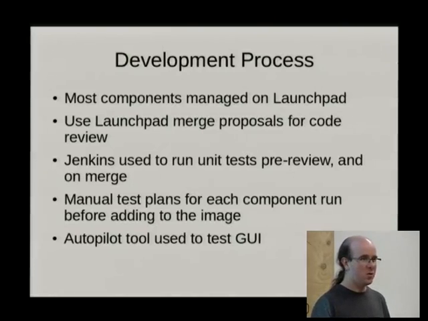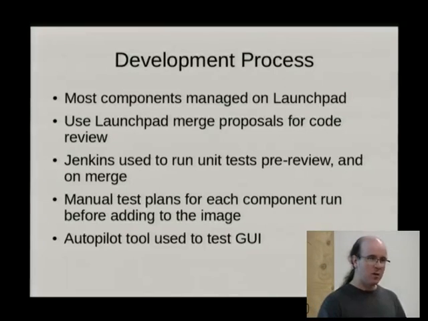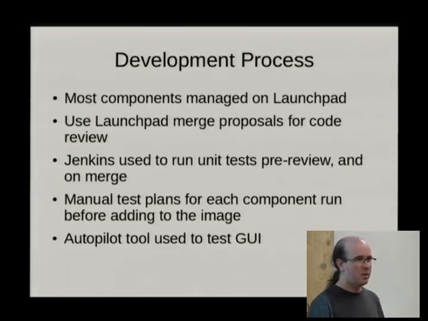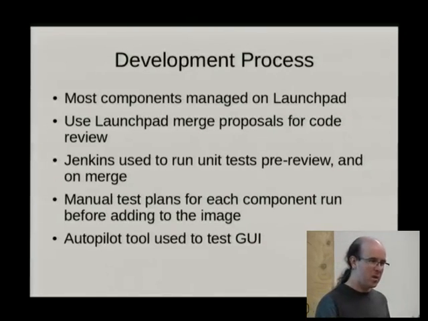This ensures that anything on any of the mainline revisions on the trunk represents a working build. Now, in order to get things into the image, we also do some smoke tests. Each of the branches has a set of manual tests which we can run through just to make sure everything works together.